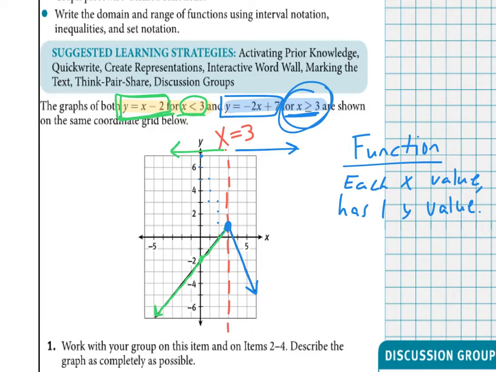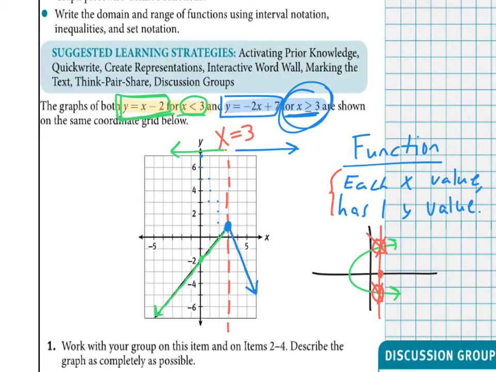So for example, it's going to be easier to show you one that's not a function. If you had a graph like this, notice a vertical line like that would touch the graph more than once. And that shows this property does not hold, because whatever this x value is here, there are two y values with that x value. So you can use the vertical line test as a way to check if something is a function.